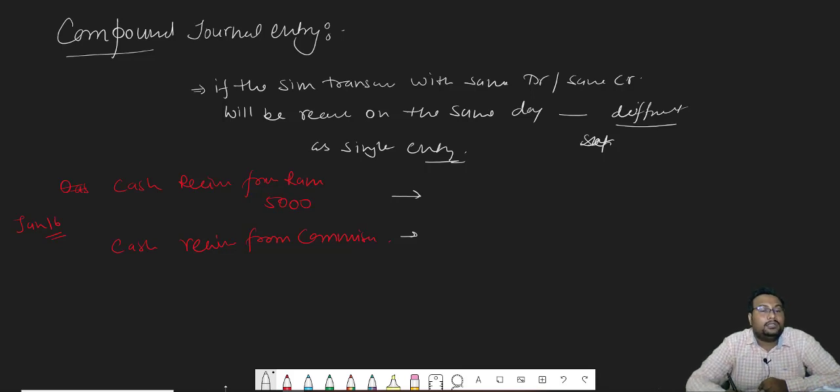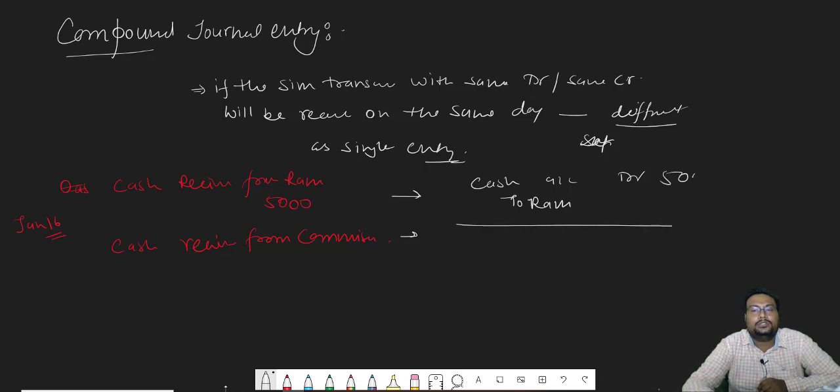If simple, we will pass separate entries. So cash received from Ram 5,000: cash account debit to Ram, 5,000 and 5,000. Now the second entry, cash received from commission: again cash is coming, cash account debit, and it is coming for commission.